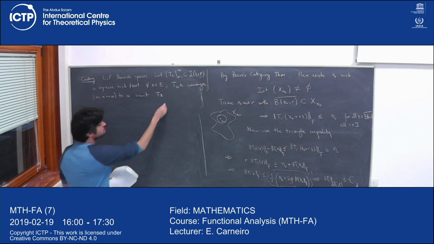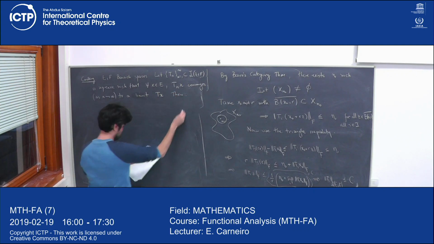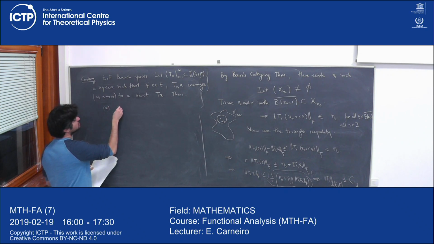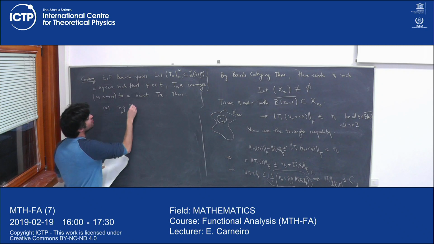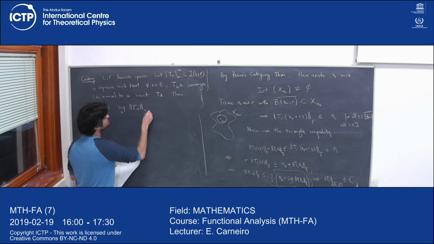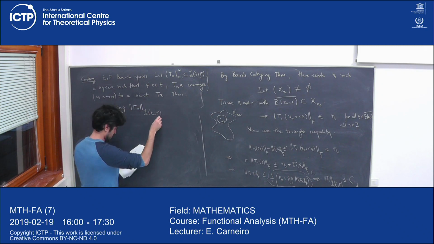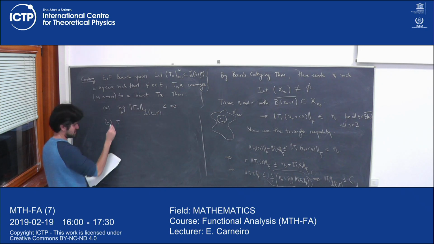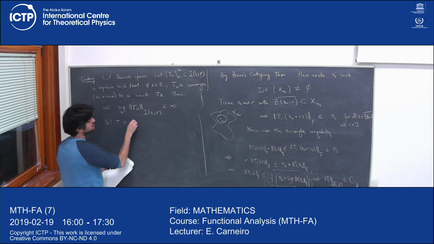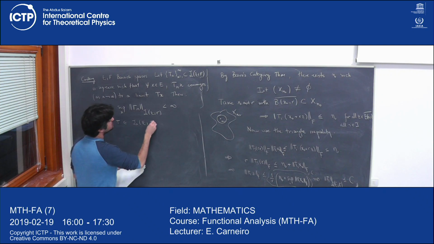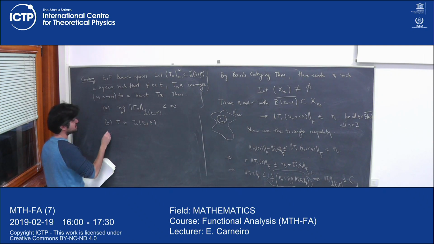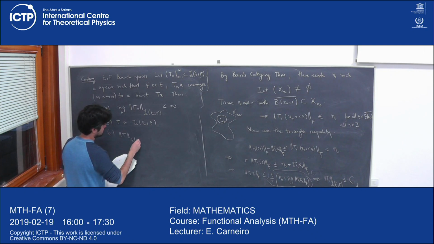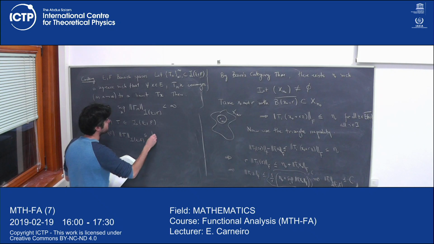Okay, then the claim is that A, the sup in n of the operator norms of these guys is bounded. B, this new operator that we created here is actually linear, and C, its norm verifies this bound.